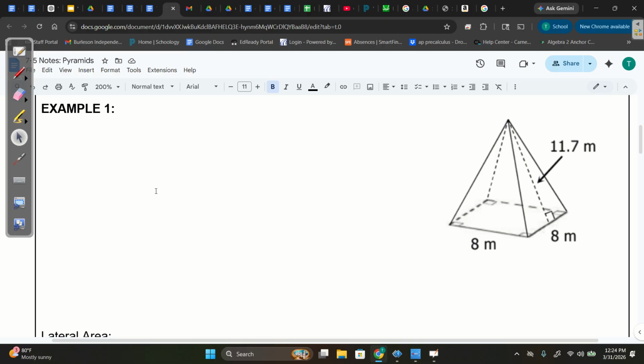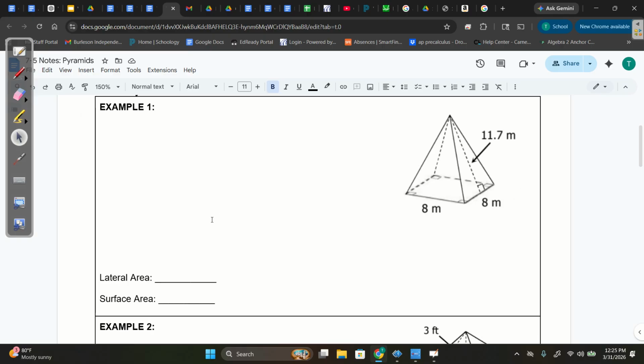So example 1 we have here. We're trying to find the lateral surface area and the surface area. So I'm going to go ahead and rewrite down those formulas. Lateral surface area is 1/2 perimeter times slant height. And the surface area is the same thing, plus the area of the base.